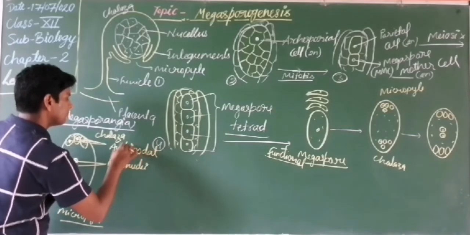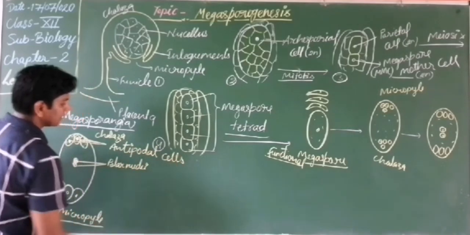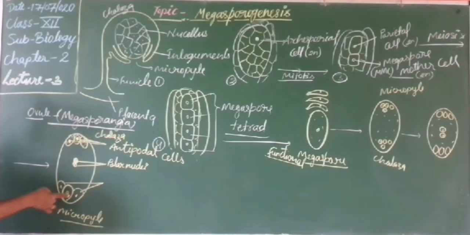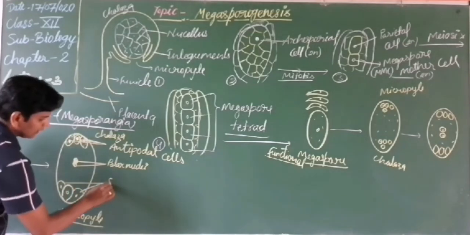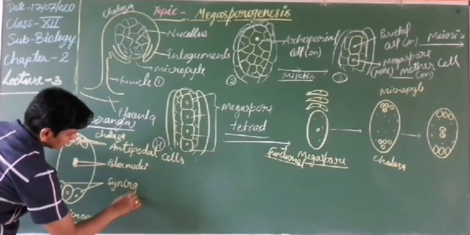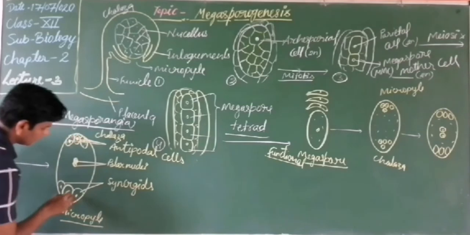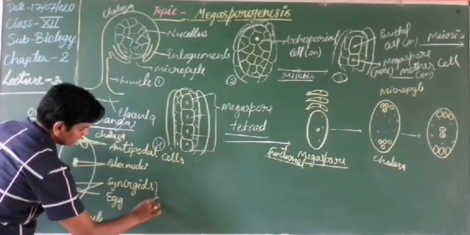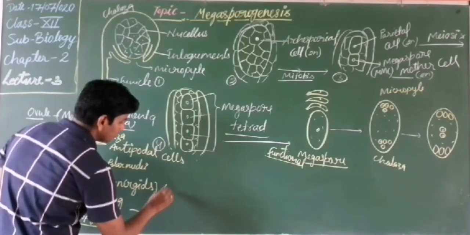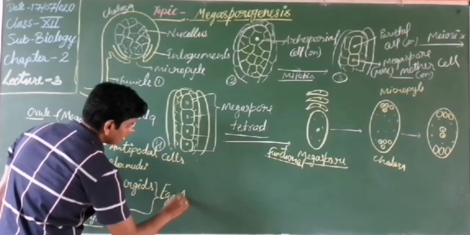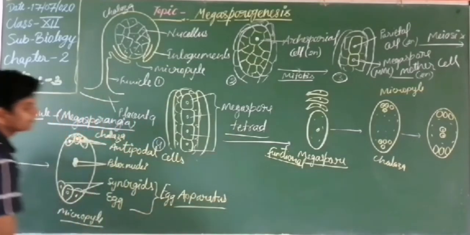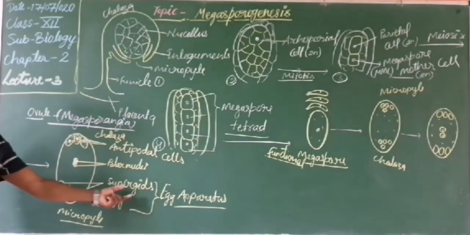Okay, and these 2 cells which are situated inside are known as synergids, and one cell is known as the egg, and combined these 3 are known as the egg apparatus. Got it? So this one is the egg apparatus.